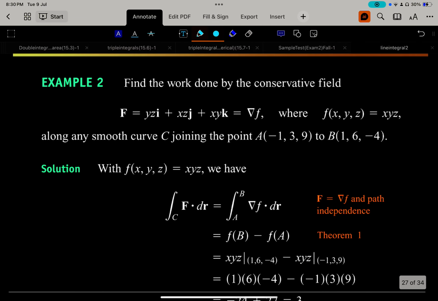So example 2: find the work done by the conservative field. Now how do we find the work?